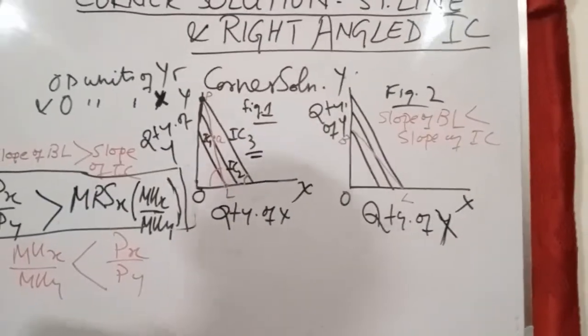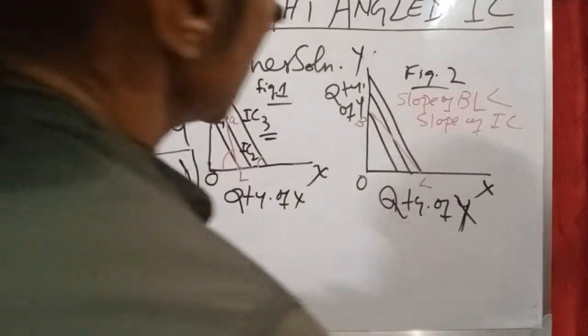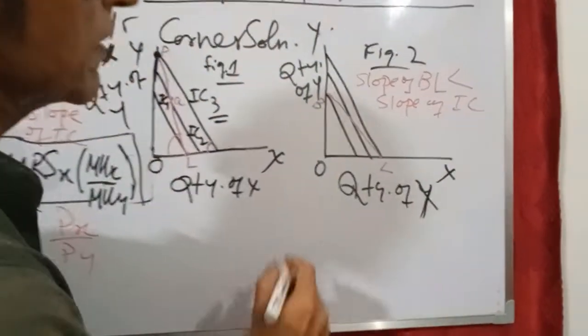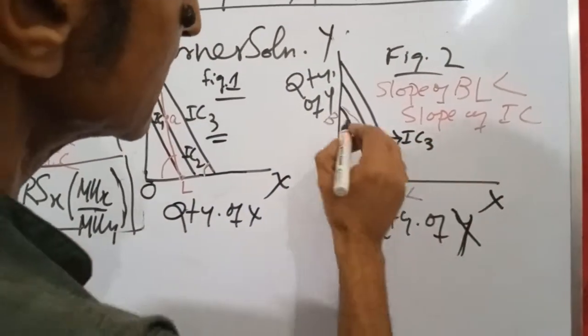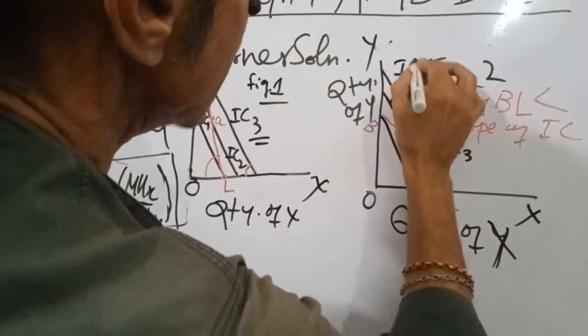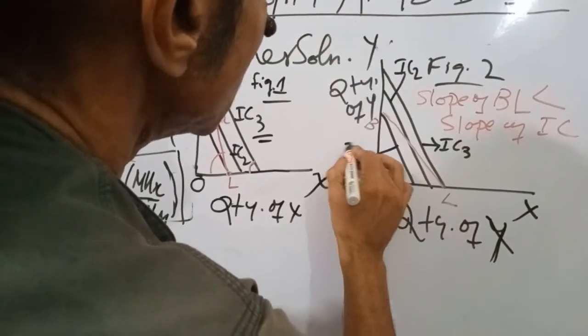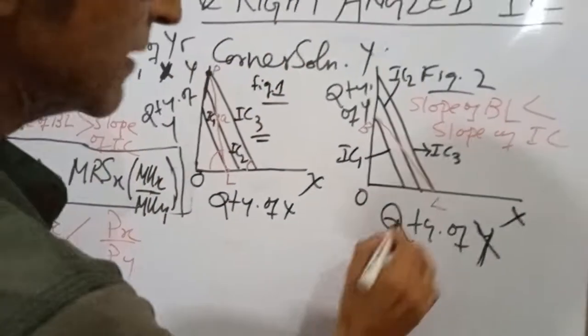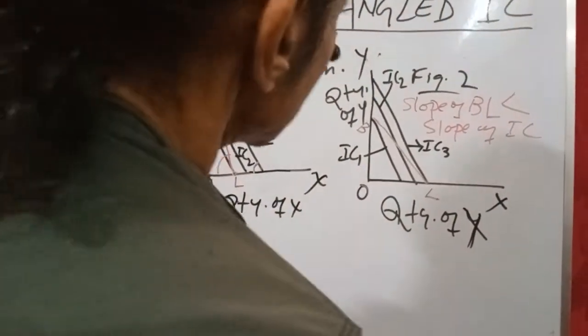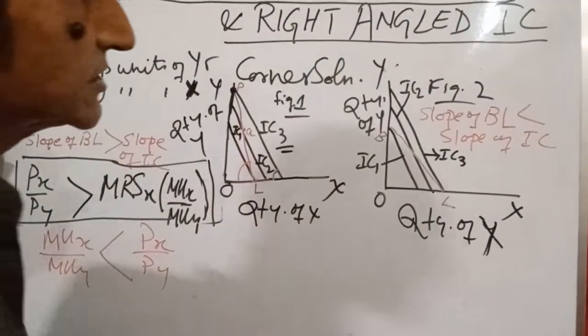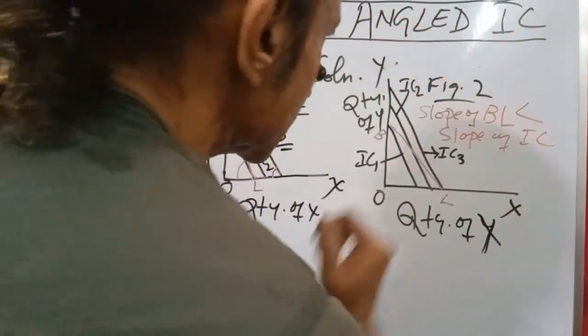The consumer reaches the maximum indifference curve. This is say IC3, this is IC2, and this is IC1, and BL is the budget line. With the same budget line, the consumer can reach the highest possible indifference curve IC3.